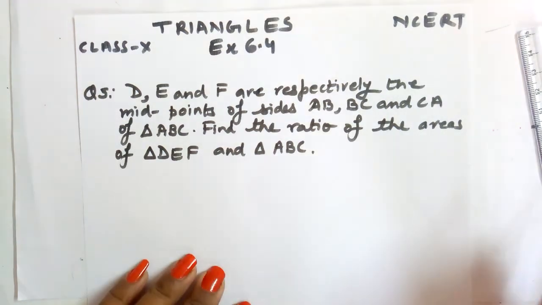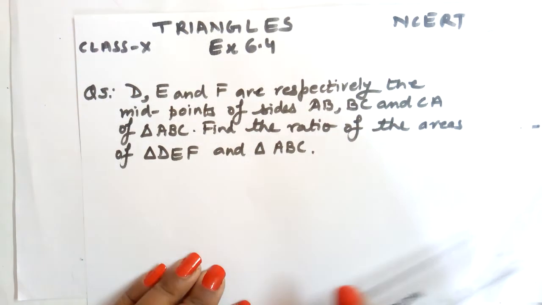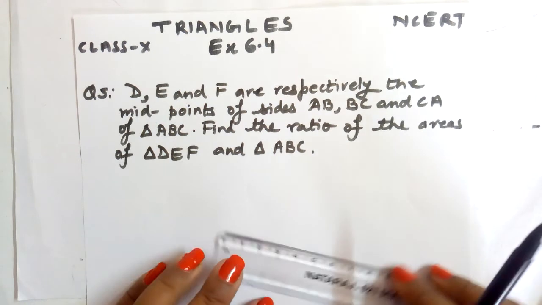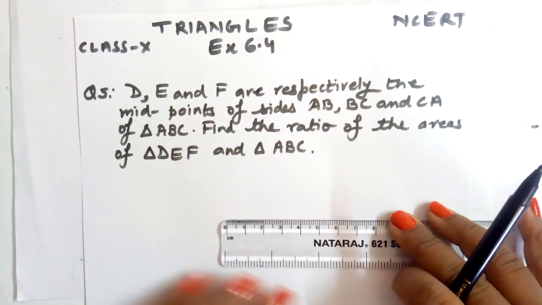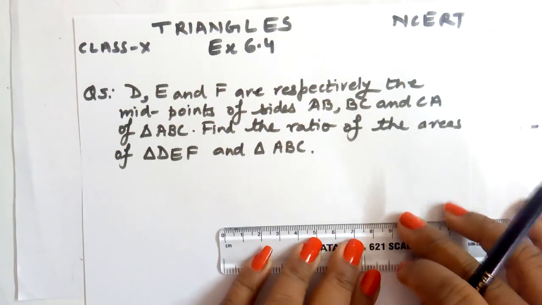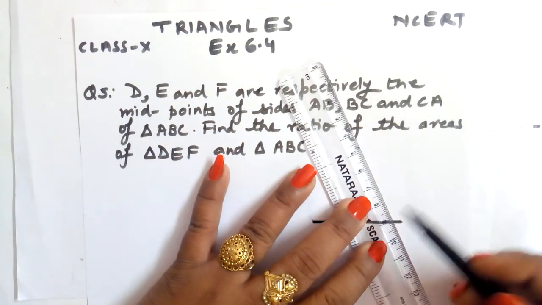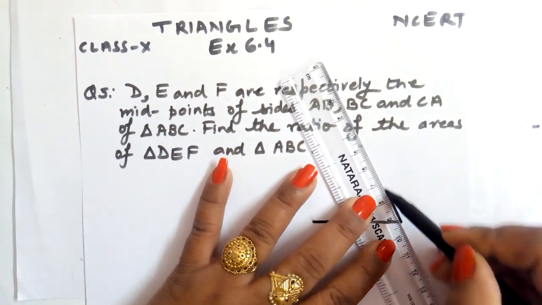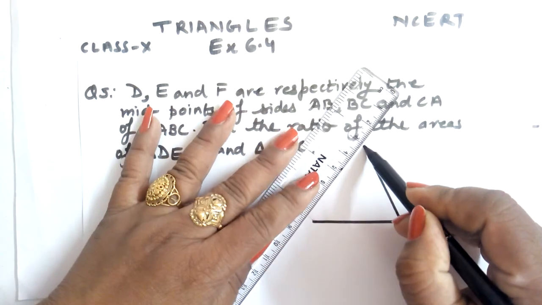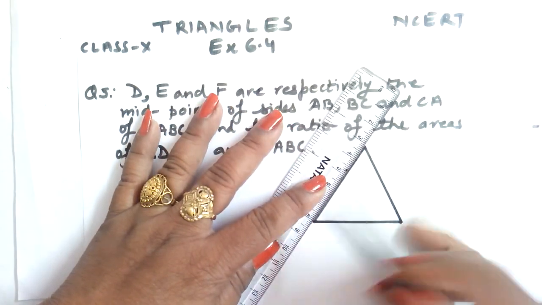So first of all, we have to draw a triangle ABC, since D, E, F are the midpoints of its sides. Suppose this is the triangle ABC.